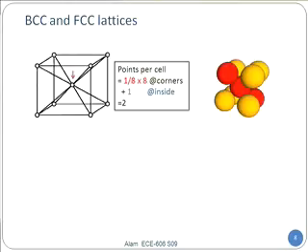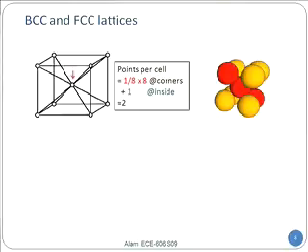Okay, now let's talk about the other 2 lattices, body-centered cubic and face-centered cubic. Let's start with body-centered cubic. You can see that not only do we have atoms on the corners, but we have one in the center of the body as well. And in that case, it should be easy to see that the number of atoms you have per unit box is 2, right?